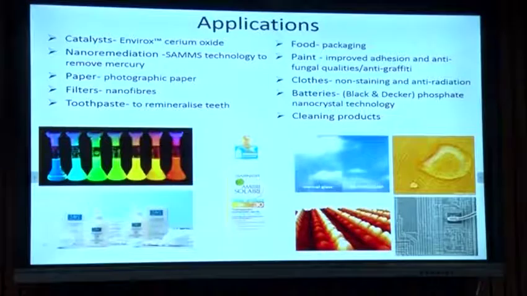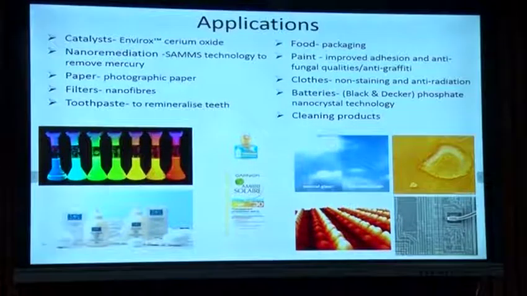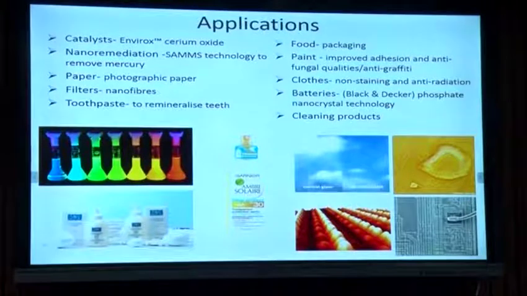These are some of the examples I have given: photographic paper, filter nanofibers, and food packaging. Last time when we went to some of our standard document development, this Iranian group is coming with food packaging, international standards, an ISO document, which is soon going to come.